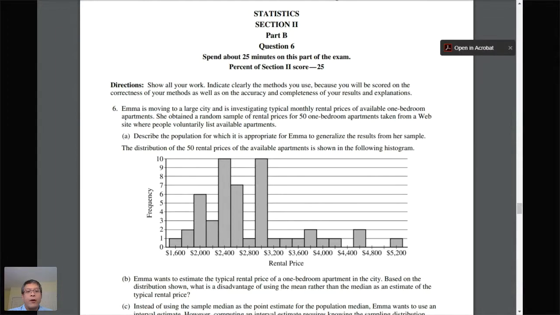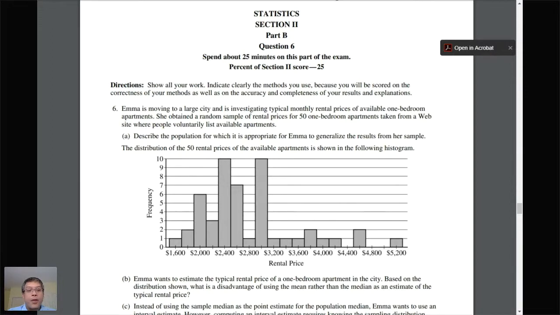So the population to which it's appropriate for Emma to generalize her results is just the population of rental prices for this particular website at the time that she did this procedure. That's different from the population that she may have actually wanted to study, but that's what she did.